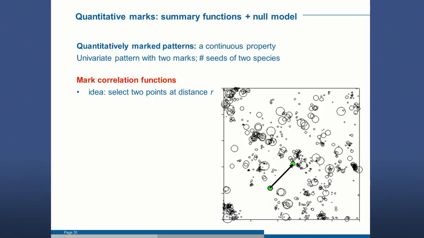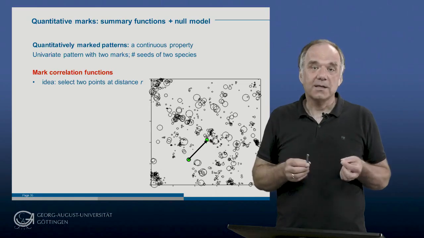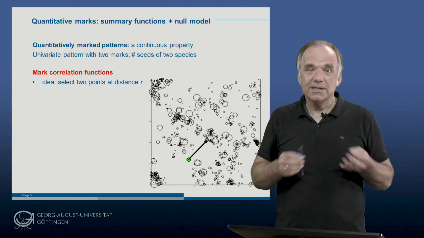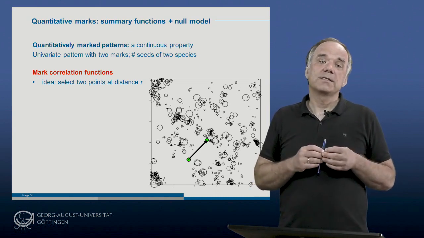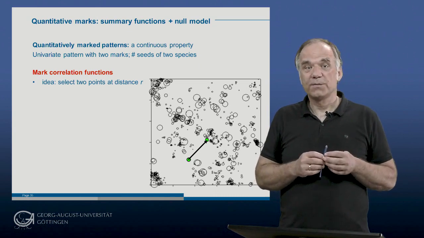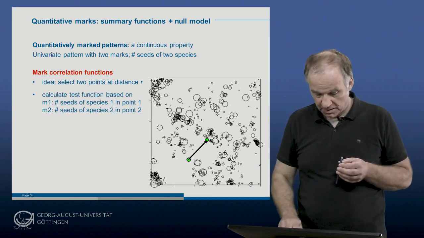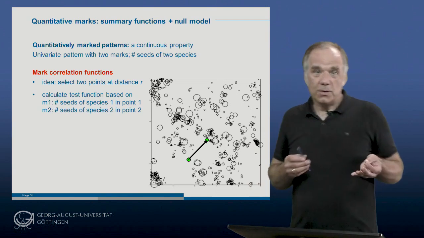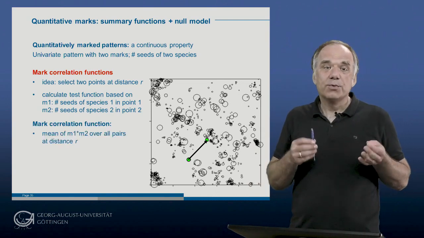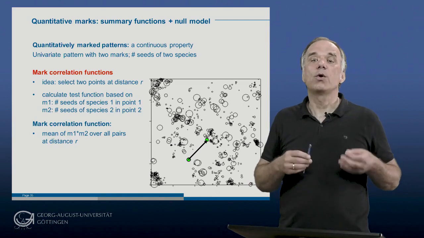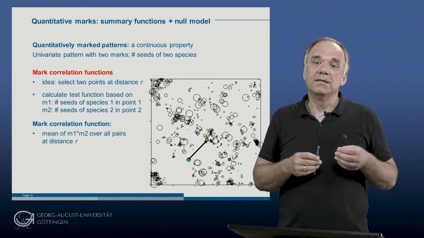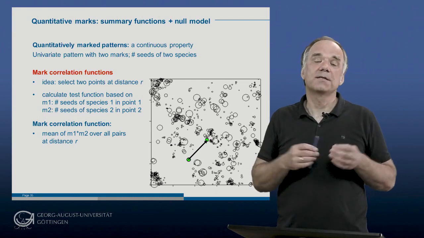In our case, the first mark is the number of seeds of a given species 1 in the first dropping, and the second mark is the number of seeds of the second species in the second dropping, which is located a given distance r away from the first one. The mark correlation function is then the mean product of m1 times m2 taken over all pairs of droppings that have this given distance r.